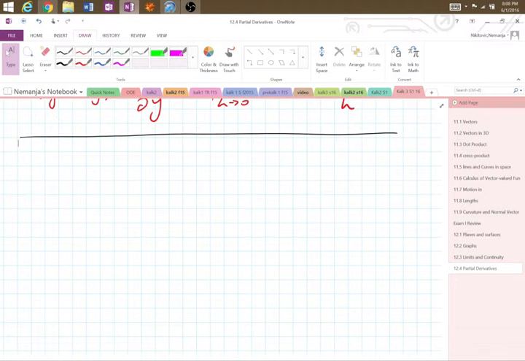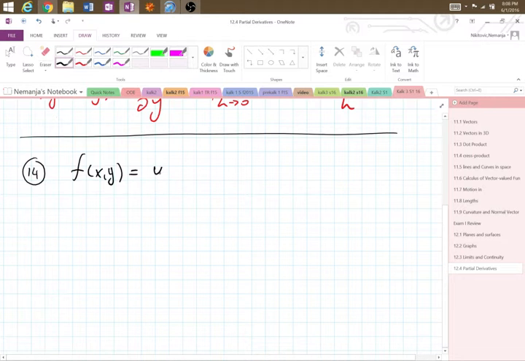So what do I have? Problem 14. F of xy is equal to y to the 8 plus 2x to the 6 plus 2xy.